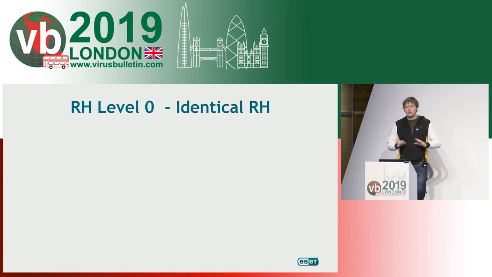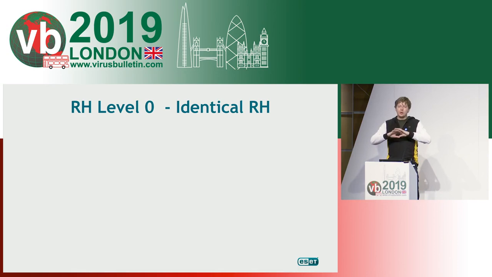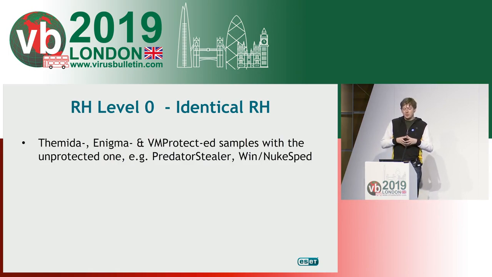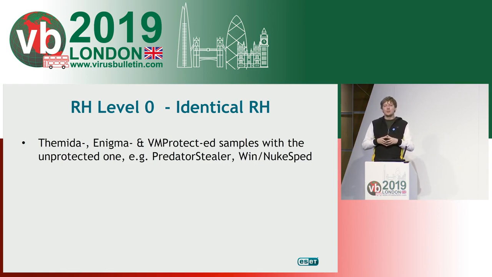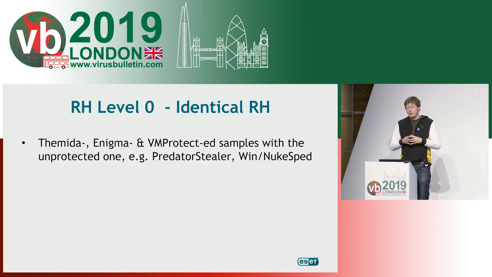So level 0, of course, identical rich headers. You have some rich headers, and you want to get all files from your feeds that contain the same rich header. We were really happy about this because Themida and Enigma VM protected files actually didn't alter the information.